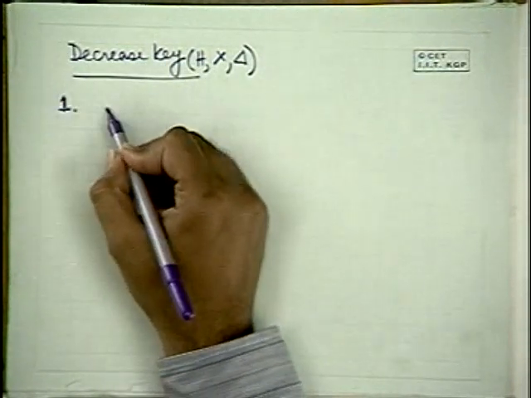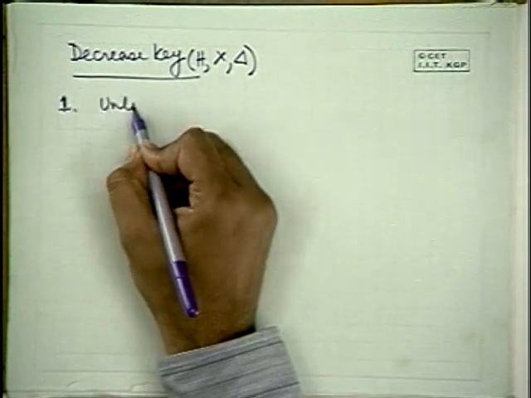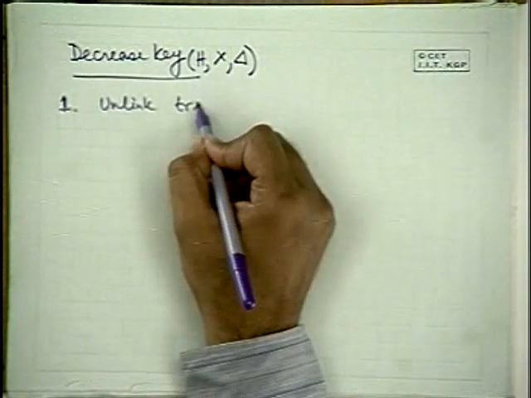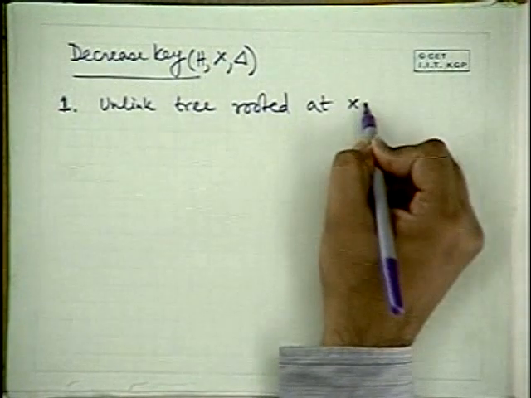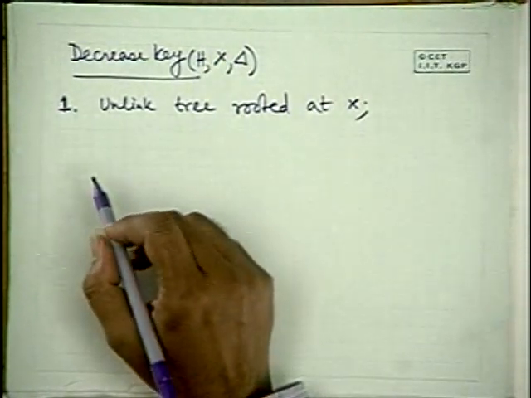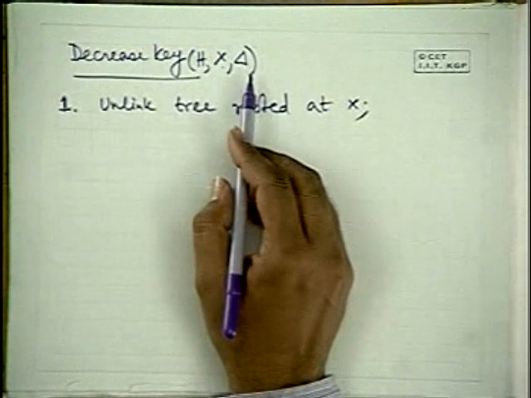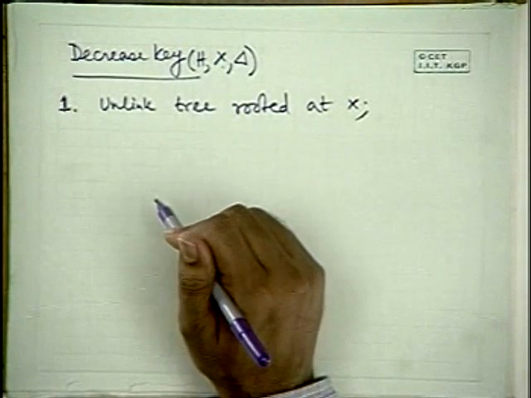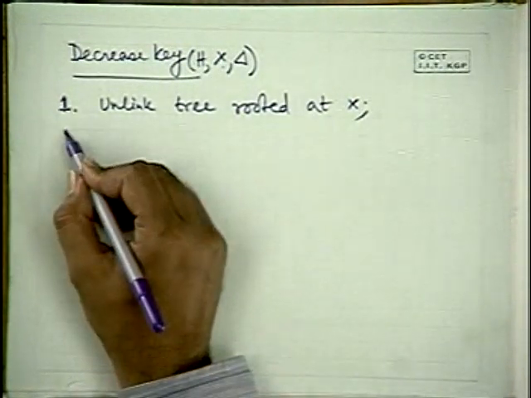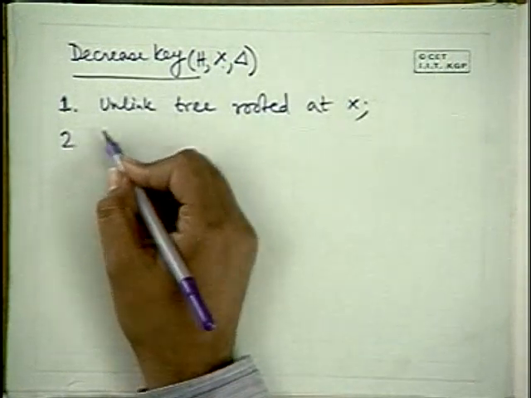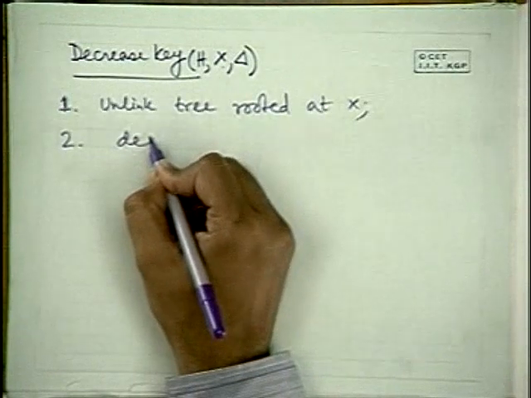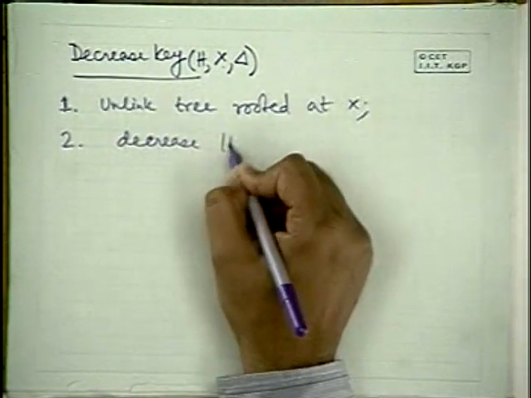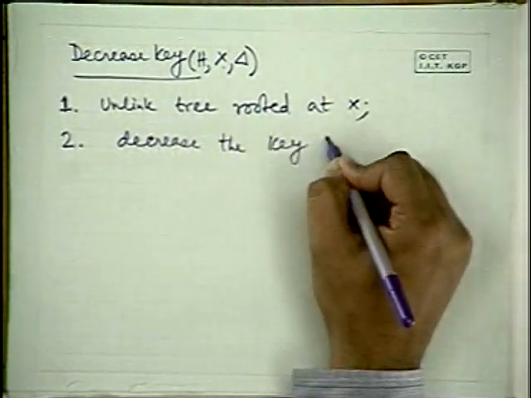Sub operation 1, first is unlink the tree rooted at x. First unlink it. So the pointer to x has been given, you just cut it out from its sibling cycle. The second, decrease the key by delta.